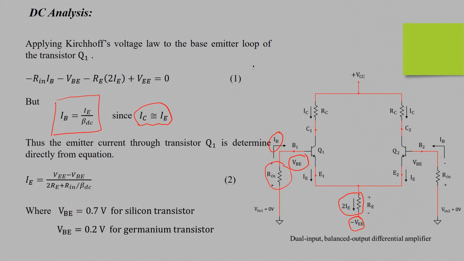That means IB is very small. So thus the emitter current through this transistor Q1 can be determined as IE equal to VEE minus VBE over 2RE plus Rin by beta DC, where VBE is 0.7 volt for silicon transistor and VBE is 0.2 volt for a germanium transistor.